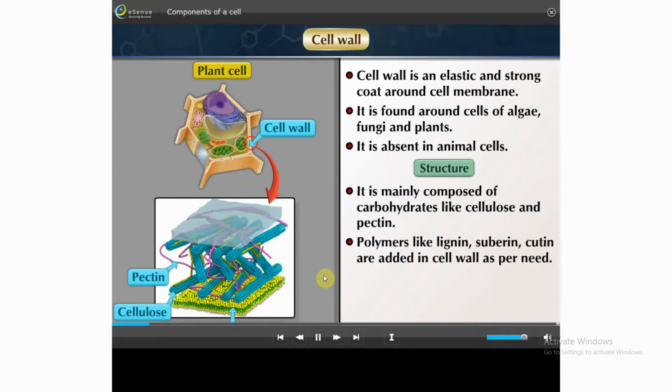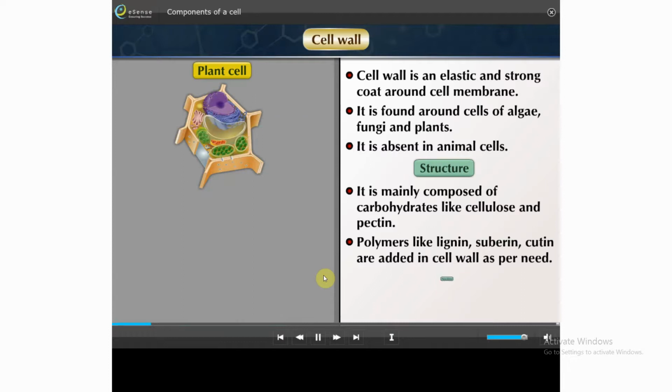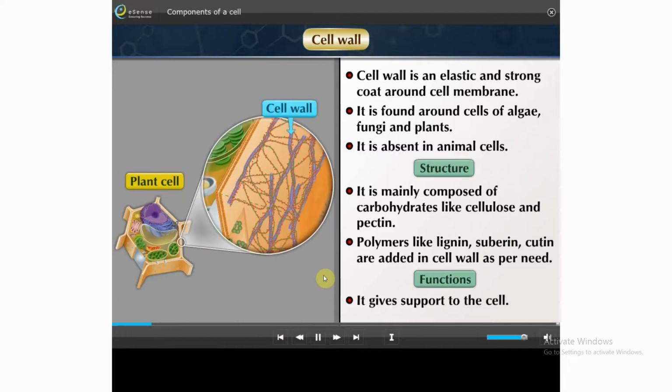Afterwards, polymers like lignin, suberin, cutin are added in cell wall as per need. Functions of cell wall are to support and to protect the cell by preventing entry of excess water in the cell.